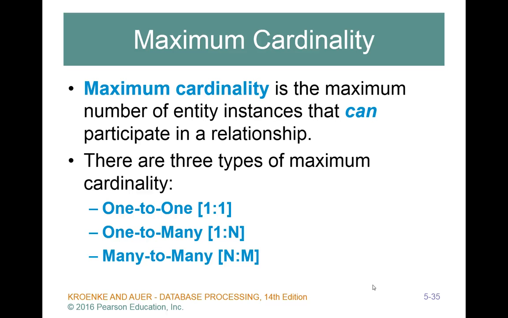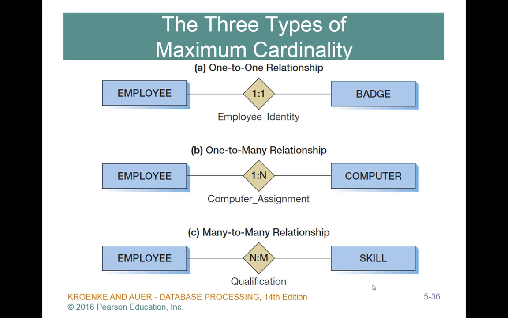Okay, so we start off with maximum cardinality. Maximum cardinality can be broken down into three different types. And again, these are your can-participate relationships. So we're talking about one-to-one, one-to-many, and many-to-many. In our first example, you see we have a one-to-one relationship between employee and badge.